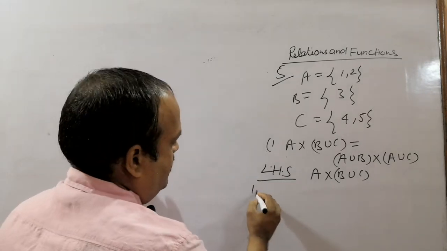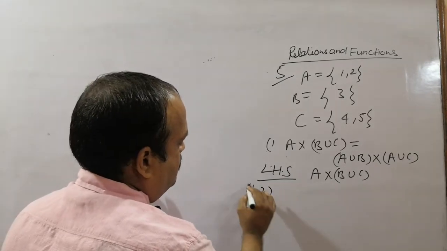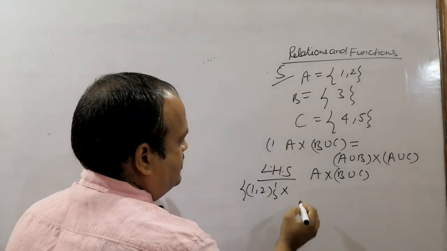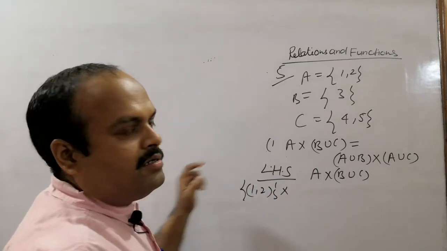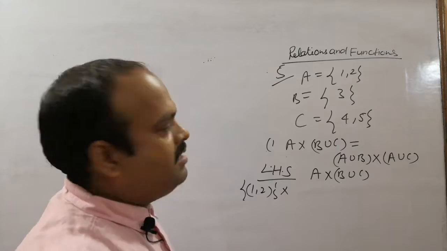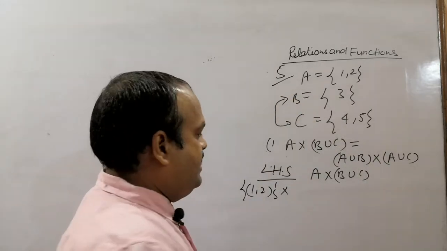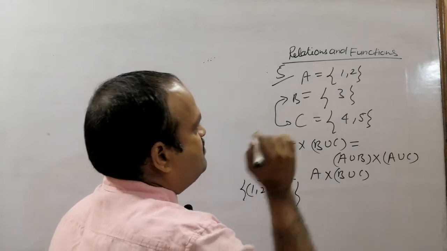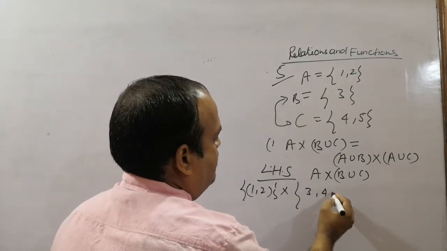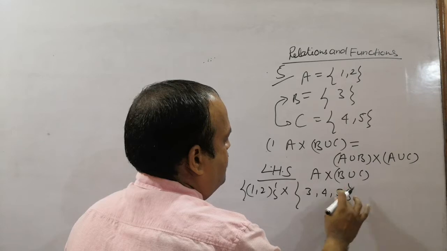So, {1, 2} cross (B union C), the union of B and C will be {3, 4, 5}.